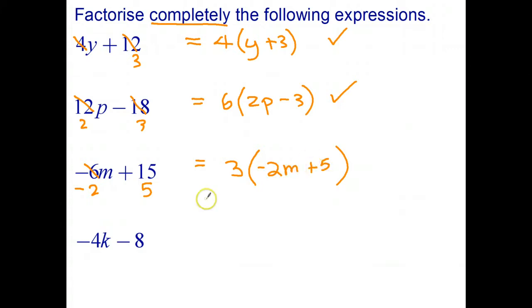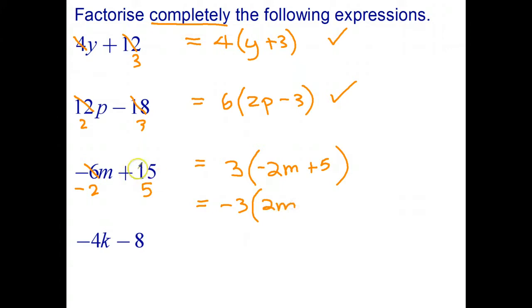I'll just show you an alternative way to do that. You also could have said, well, I want to take the negative sign out the front as well. So we could have put a negative 3 there. Now that means all you've got left now is just positive 2m because you've taken the negative sign out. But this is the tricky one.